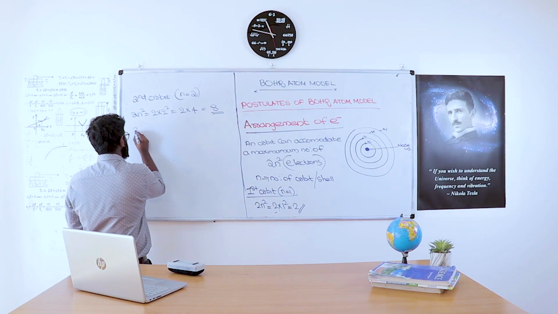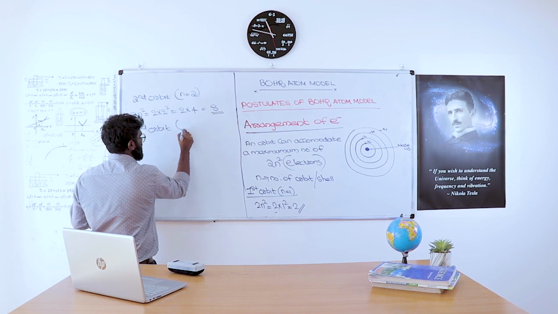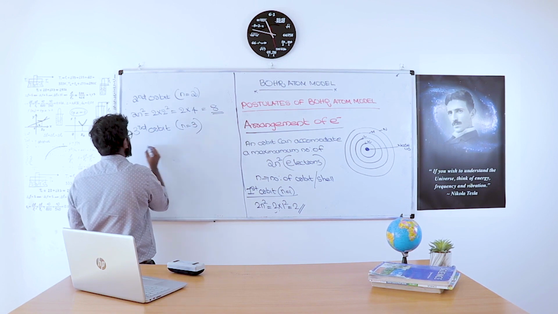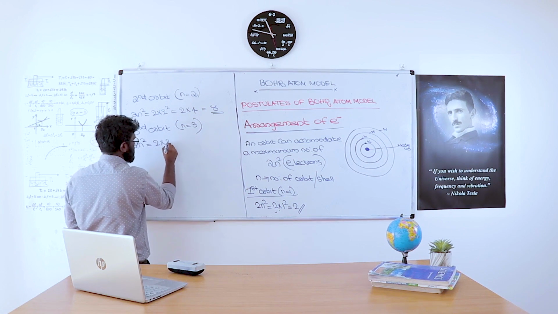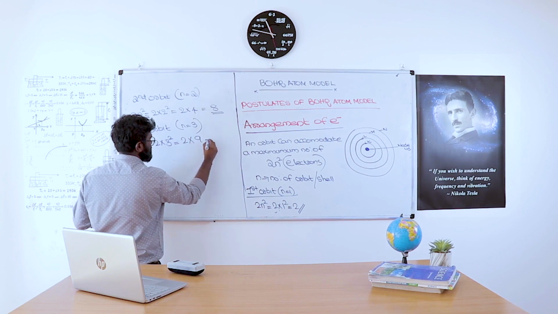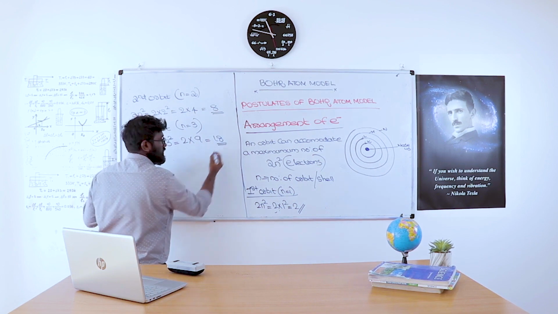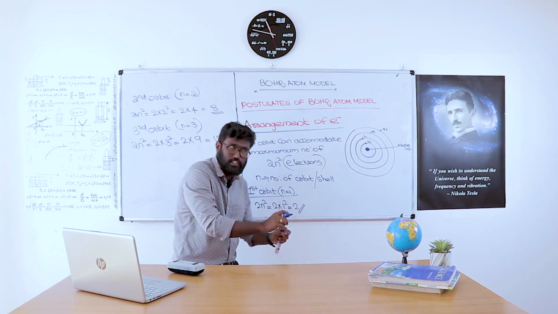For the third orbit, n is equal to 3, so 2n square is 2 into 3 square, that is 2 into 9, which is 18. A maximum of 18 electrons can be accommodated in the third shell.